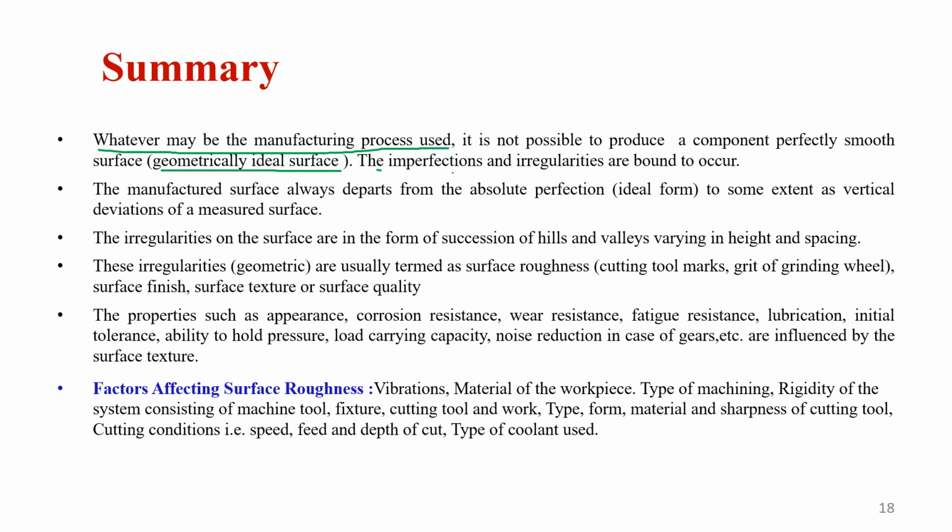The manufactured surface always departs from the ideal form to some extent as vertical deviations of the measured surface. The irregularities are in the form of a succession of hills and valleys varying in height and spacing. These are usually termed surface roughness, surface finish, surface texture, or surface quality.